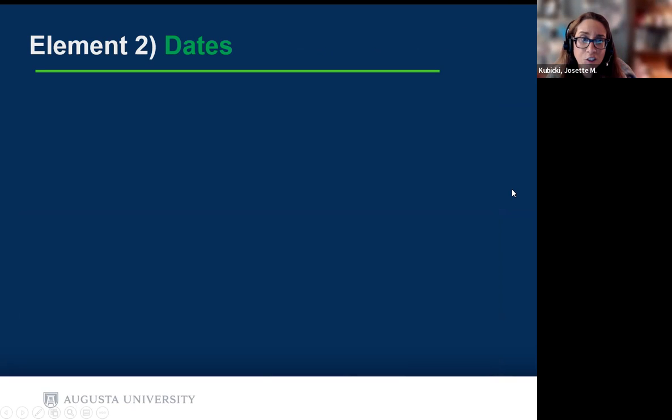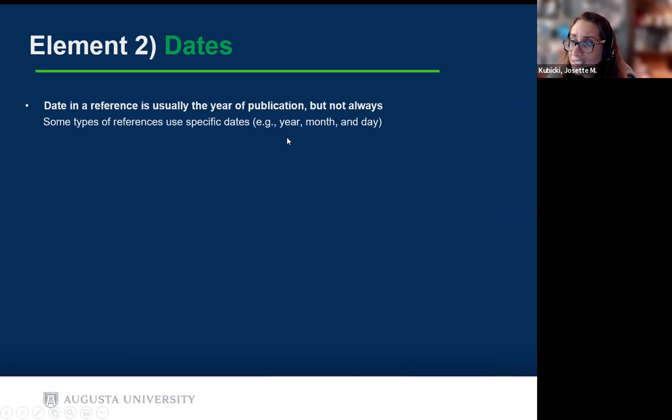So let's move on to dates, the second element of your reference entry. The date in a reference is usually the year of publication in APA style, but not always. Some types of references ask that you use specific dates. If you recall, when I was showing you the example of how to cite a report, you need to include the year, month, and day for that, if that is available.